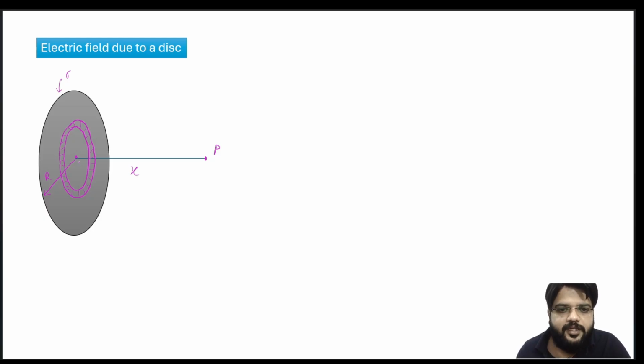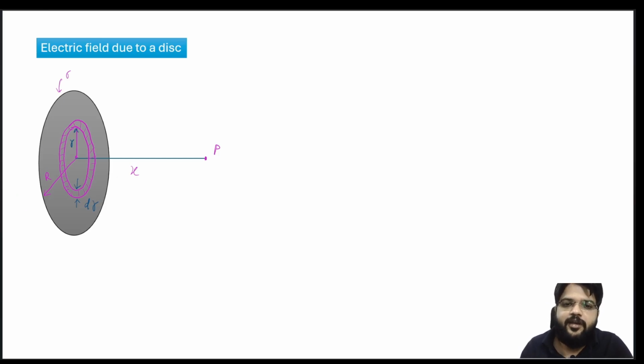And let's suppose the radius of the ring is small r, and the thickness of the ring is dr, everyone. The thickness of the ring is dr. All right.